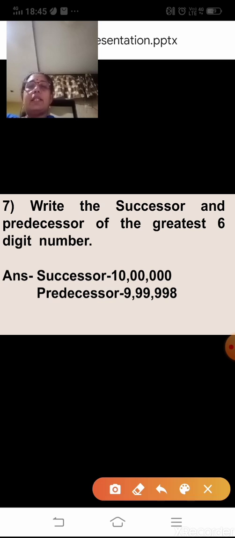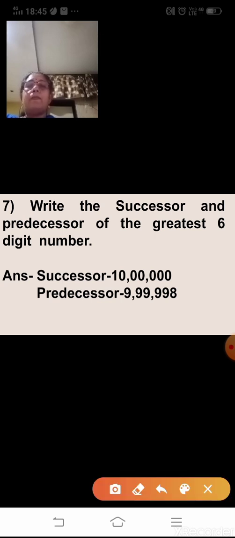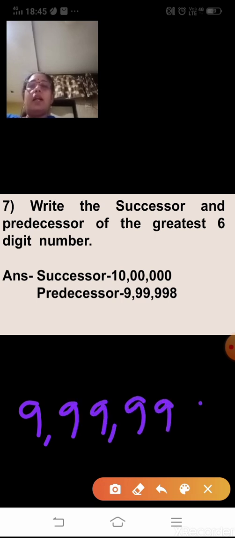So your greatest 6-digit number is 9,99,999. So it is very important to read the question thoroughly, whether it is greatest or smallest. Okay, so the greatest 6-digit number is 9,99,999. Now successor means the after number, and predecessor means the before number.